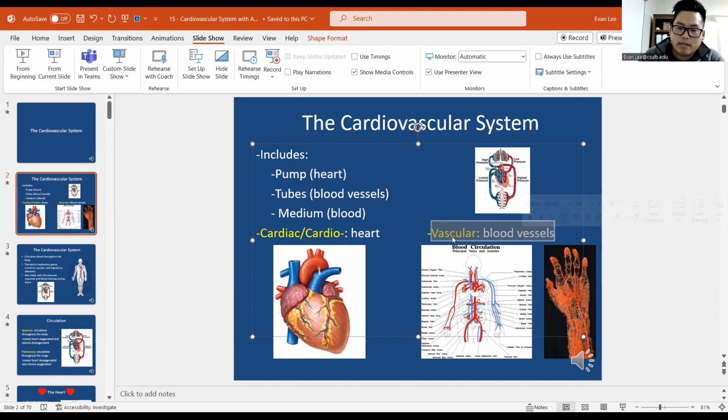There are blood vessels that allow the blood to move throughout the body. These are the tubes connected to the pump. So blood vessels are the tubes, and then the medium, the stuff that's actually flowing throughout the whole cardiovascular system, is the blood. So the liquid portion that flows throughout the body, this is the blood, the medium.